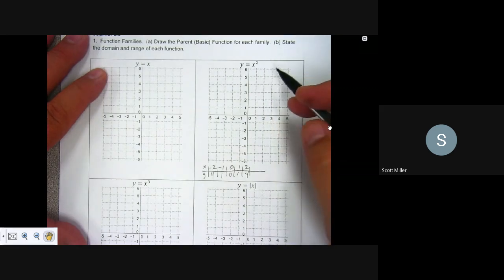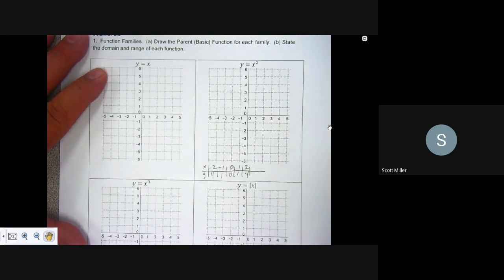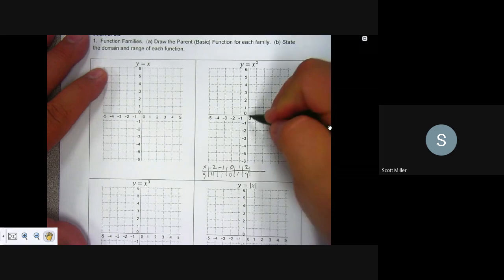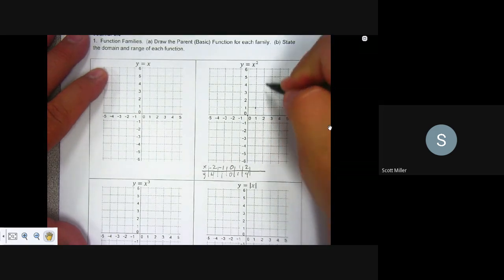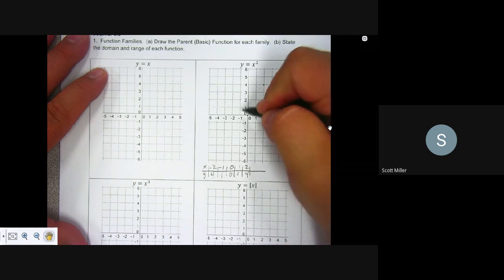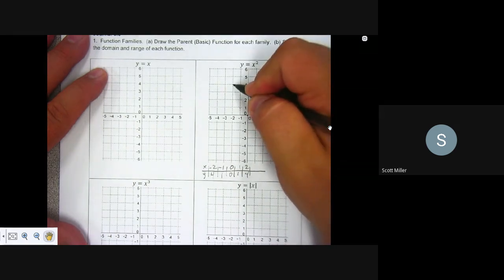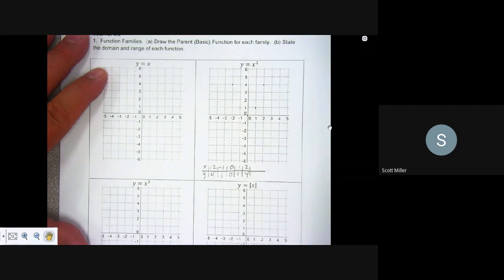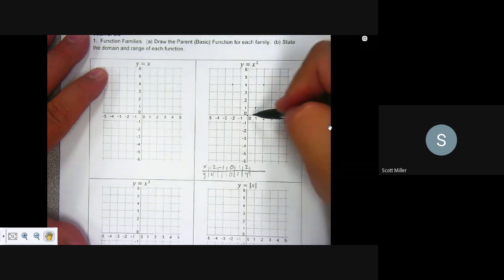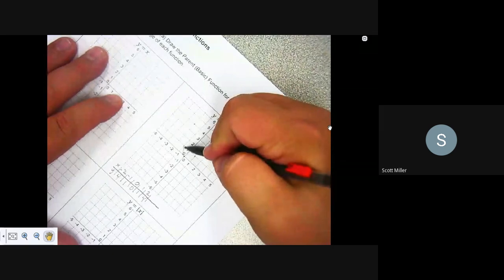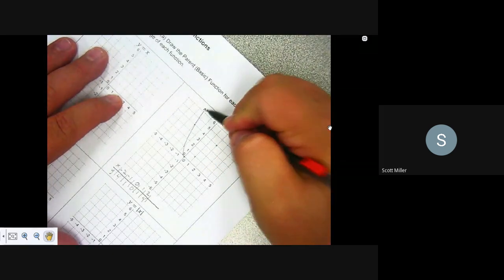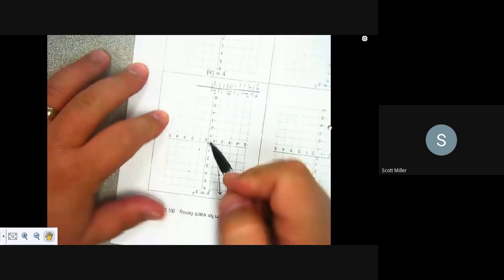We take those numbers and we put dots on our graph in their appropriate spot. 0, 0, 1, 1, 2 goes to 4, and then this side over here, -1, 1, -2, 4. So we can see that we have the classic parabola shape, and we want to draw this parabola out as neatly as we can because this is our reference page.